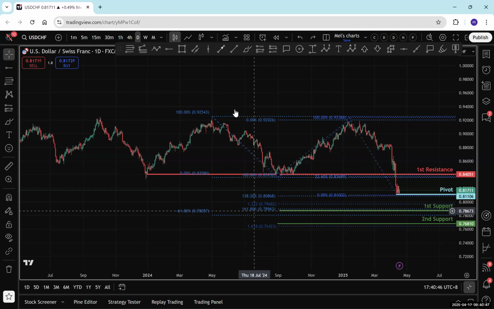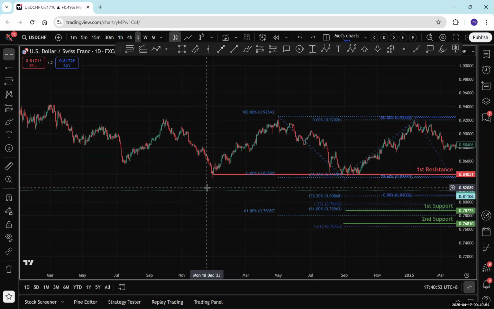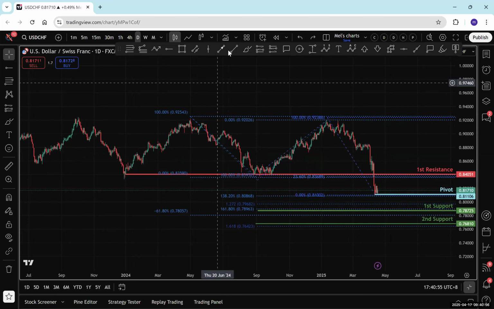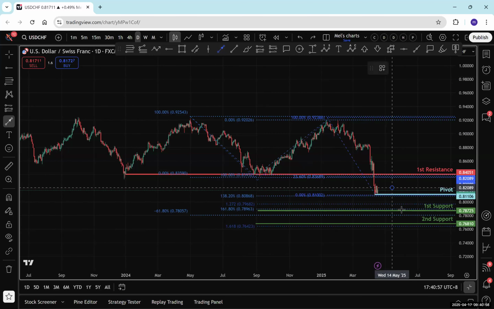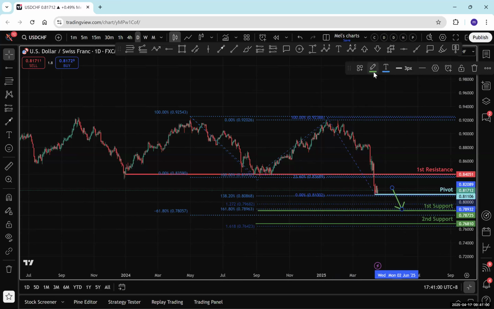For this we use negative levels, like I mentioned, the minus 27 and minus 61. So here I'm expecting prices to continue to drop.